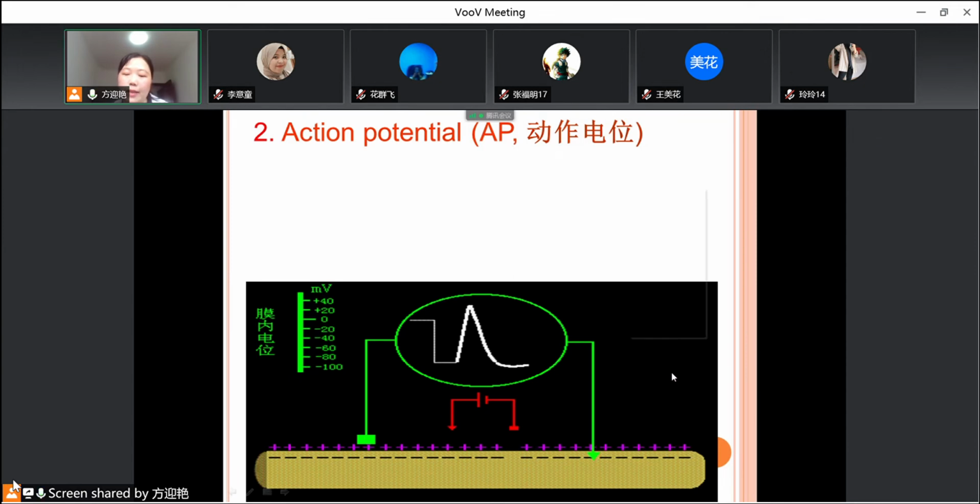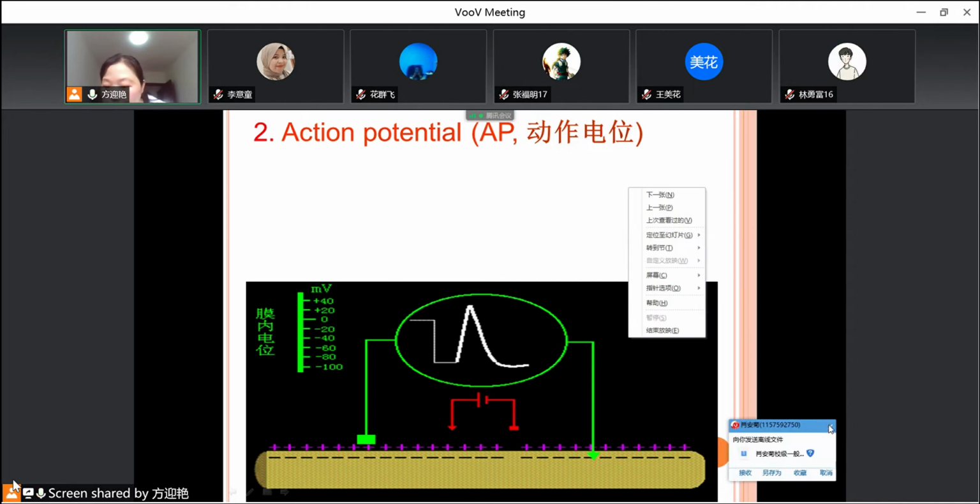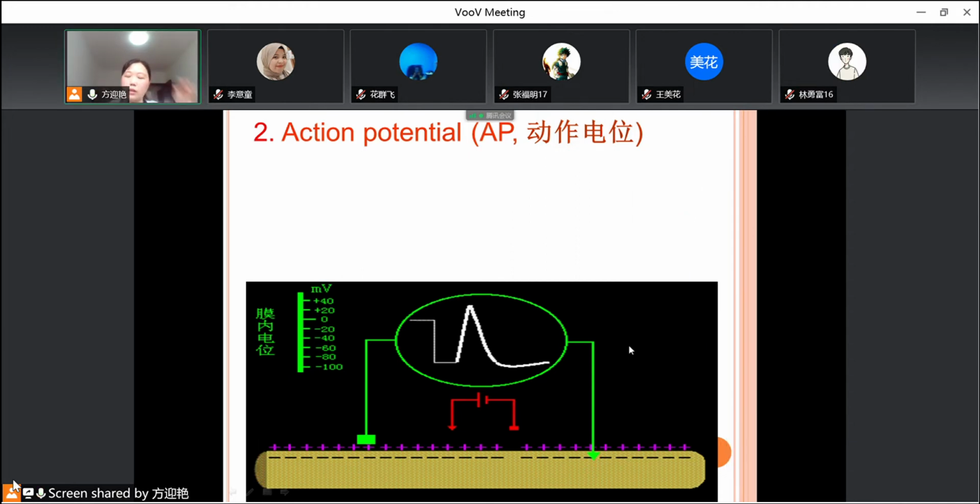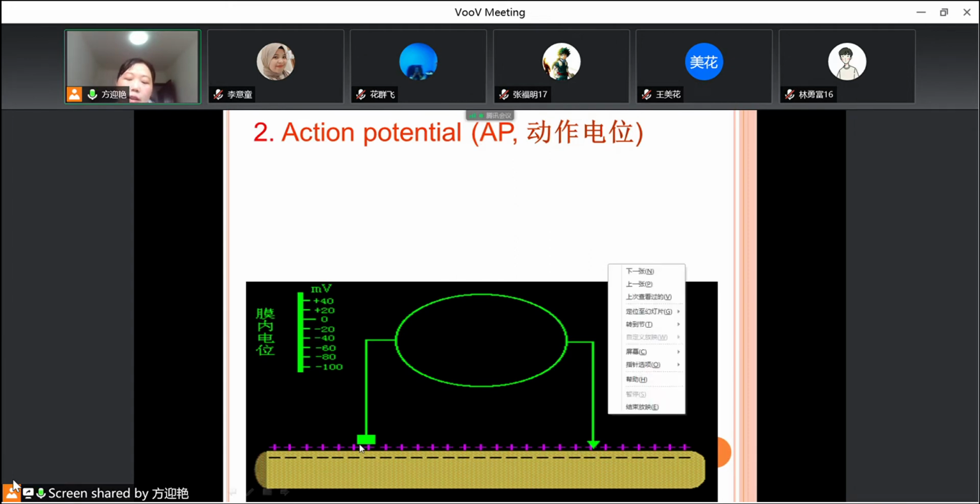We can see here the recording from the nerve fiber, the cell membrane. When we record outside the cell membrane, the membrane potential is the same everywhere, and it shows zero.